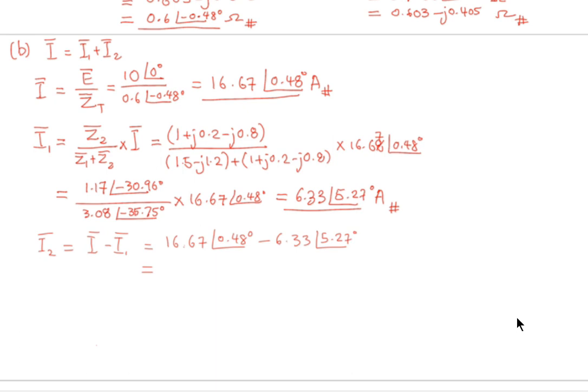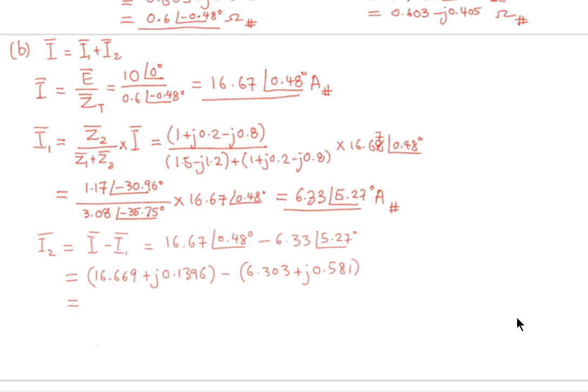Converting into rectangular form, I will have 16.669 plus j0.1396 minus 6.303 plus j0.581.